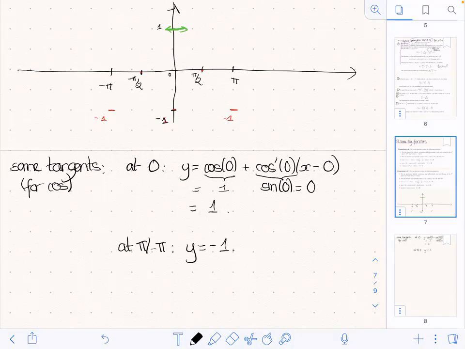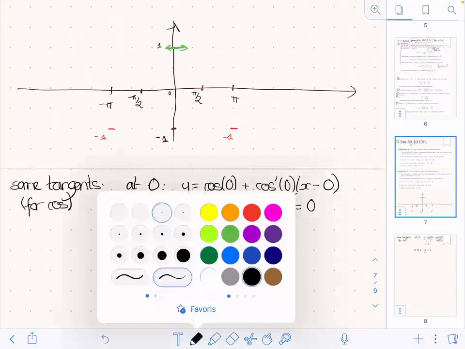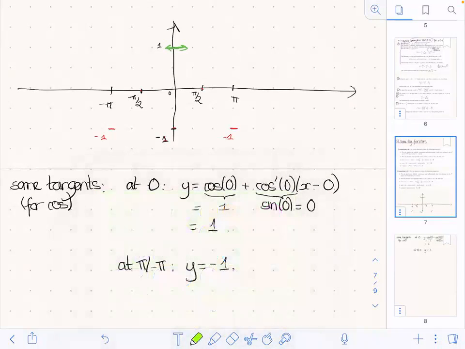You'll get a similar formula: cosine of pi plus cosine prime of pi times x minus pi, and the sine of pi is equal to 0, and the cosine of pi is equal to -1. So at these two values as well, you've got a couple of horizontal tangents.